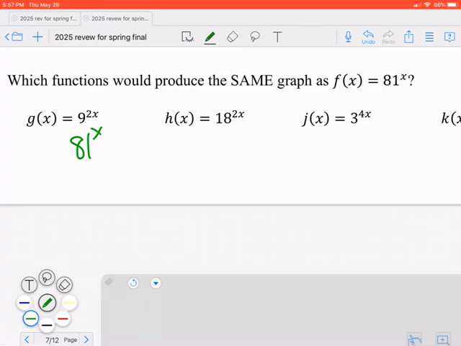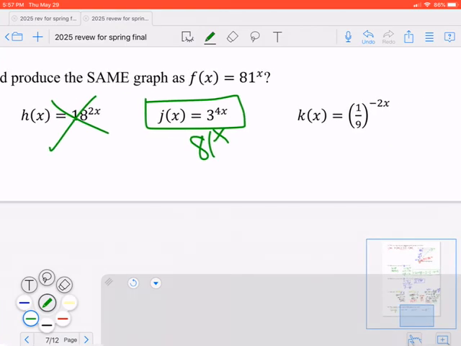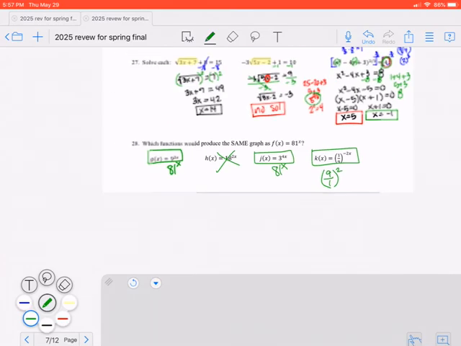So this one would. 18 squared is not 81. 3 to the 4th power is 81. So this one gives the same. And 1/9 to the -2 is 9 over 1 to the +2, which is 81. So this one works as well.